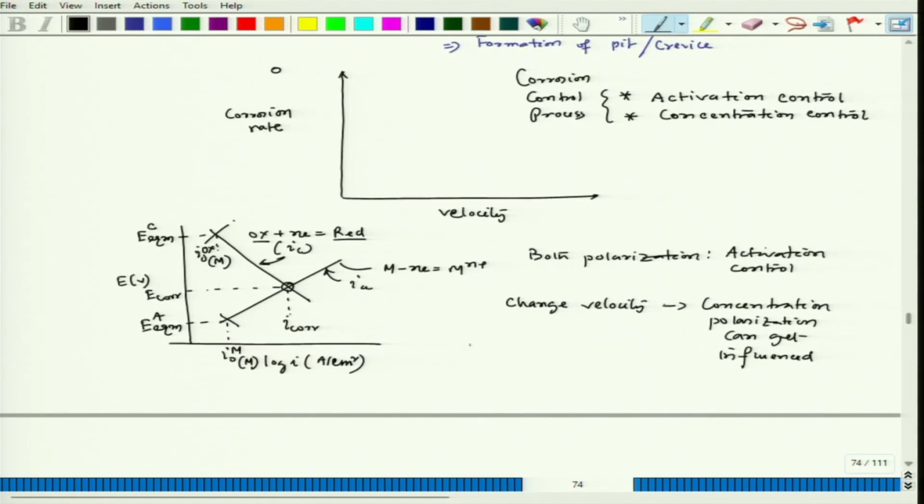Why? Because we know that I max, which is the maximum current density that is possible, is for the case where the reduction process at the metal surface is so quick that whatever metal ion or the oxidant comes to the metal surface gets immediately reduced.